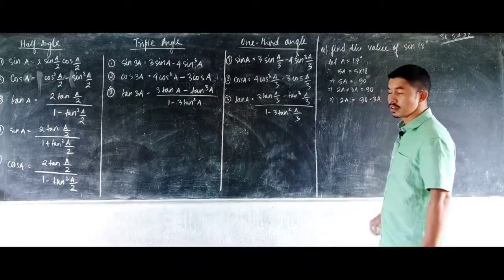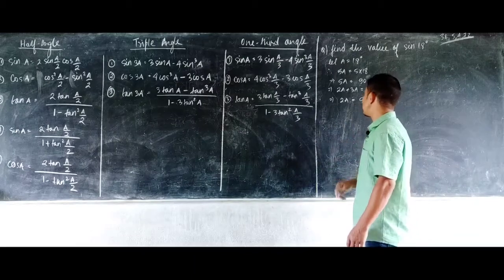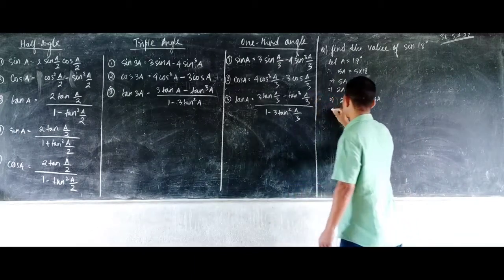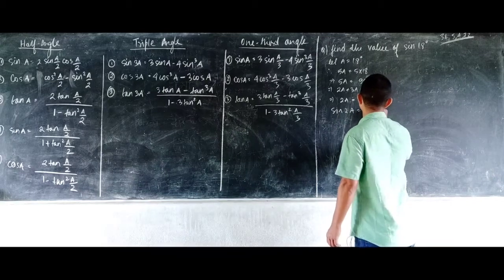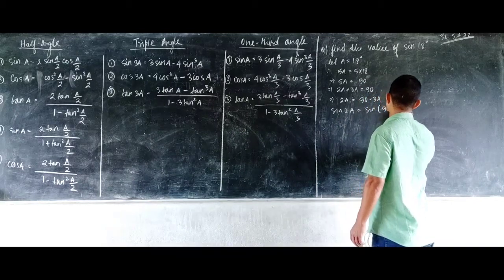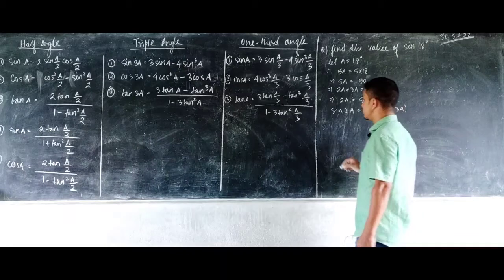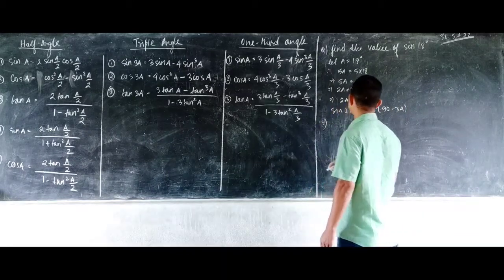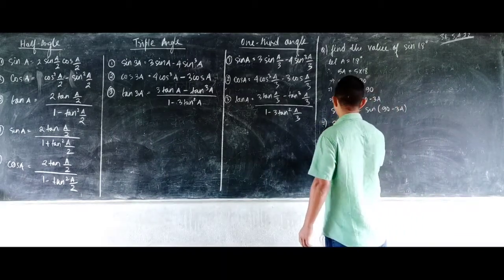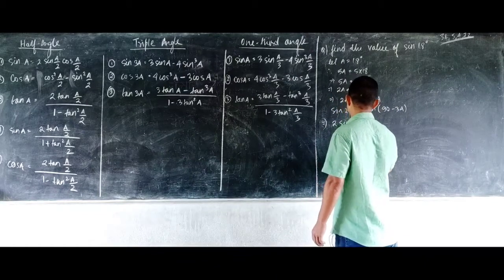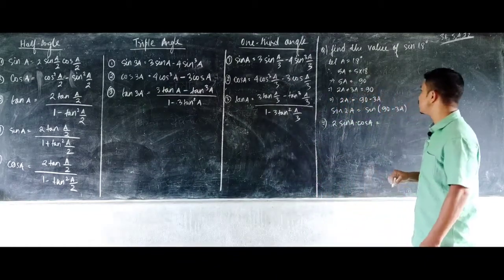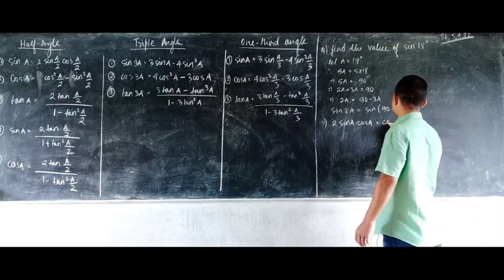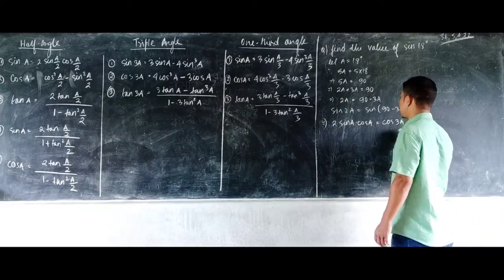So it will be 90 minus 3A. Now taking the sine on both sides, sin 2A will equal sin(90 − 3A). So sin 2A is 2 sin A cos A, which equals, now sin(90 − θ) equals cos θ, so it is cos 3A.